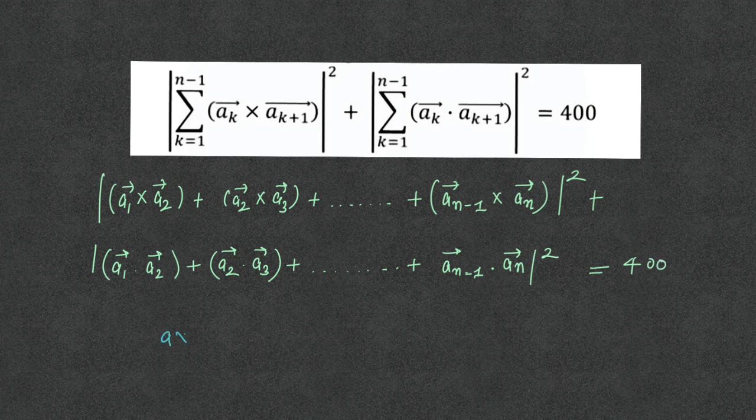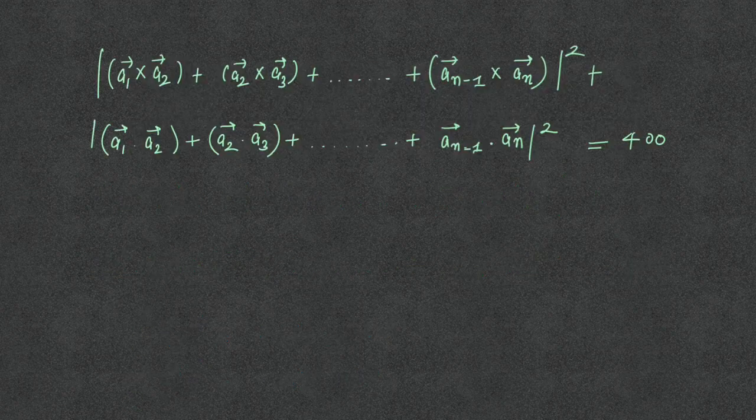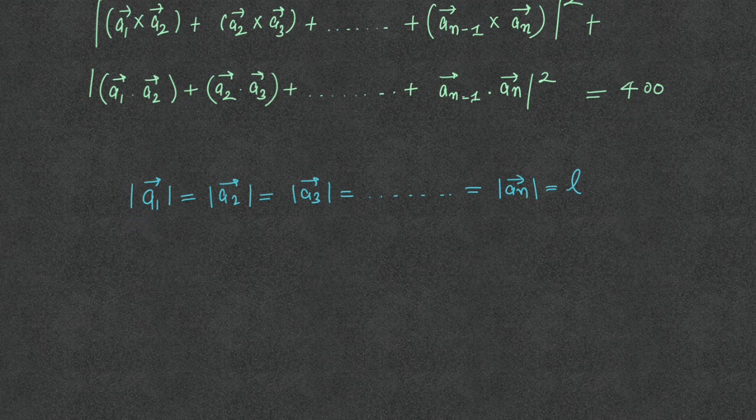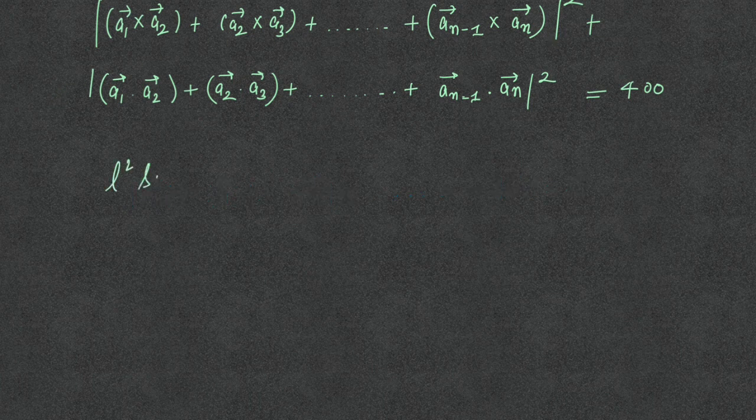Since we know that A cross B is equal to mod A mod B sine theta n cap, and A dot B is equal to mod A mod B cos of theta. Applying these two definitions here, since we assume that the magnitude of each vector is equal to L for a regular polygon, the entire expression becomes L square sine of theta into n cap for n minus 1 times.